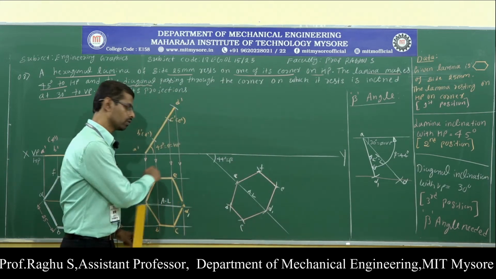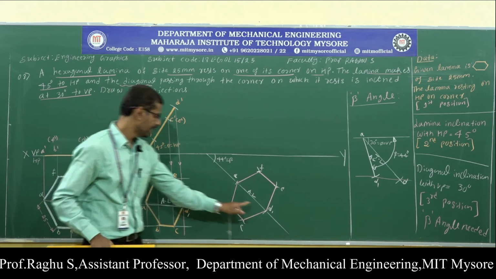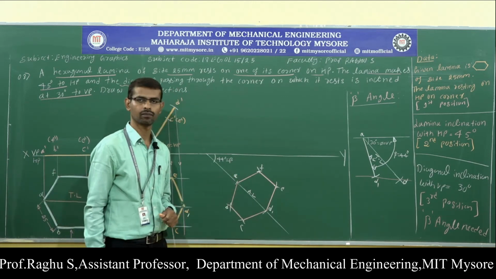Okay, here I have redrawn this diagram by placing the diagonal AD1 on the beta angle line.